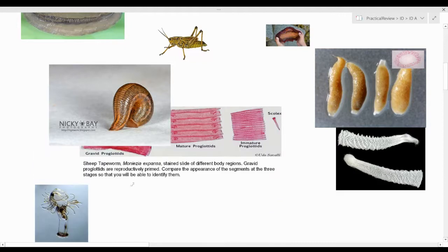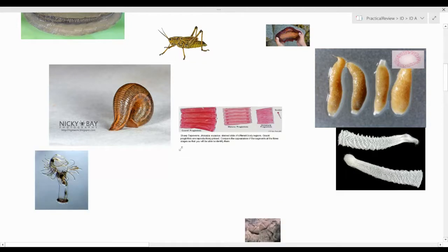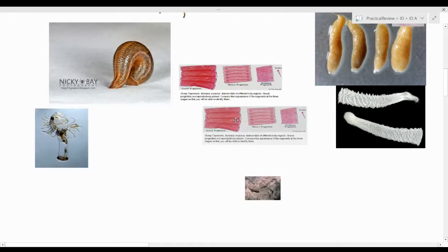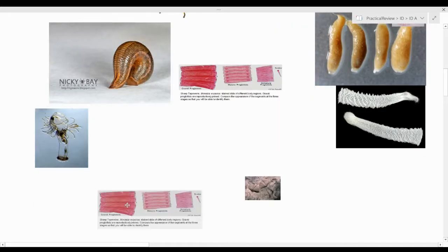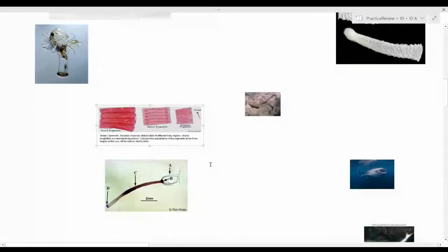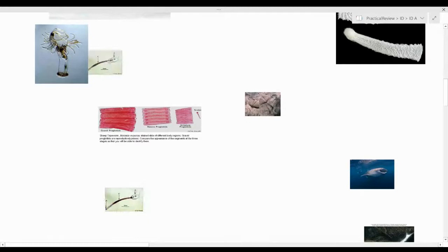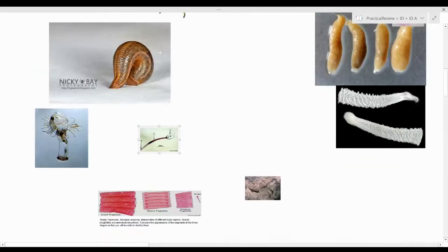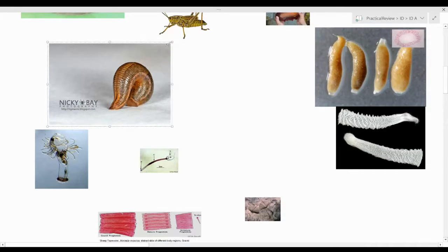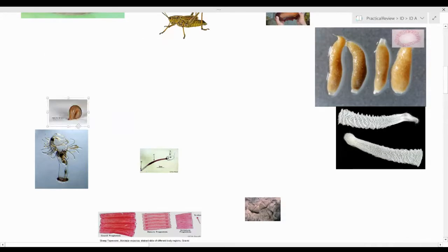This is a tapeworm, but I don't want it near this worm. This one's easy. It has some moving up to do, though. I'm going to start to shrink things down because we're getting a clearer picture.